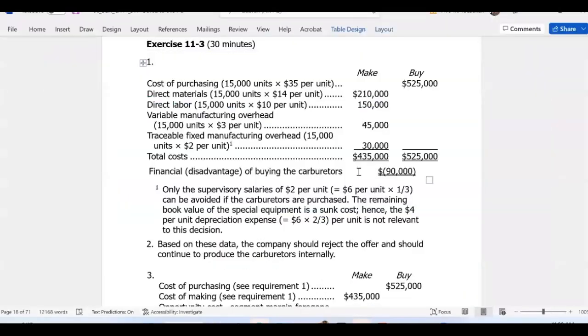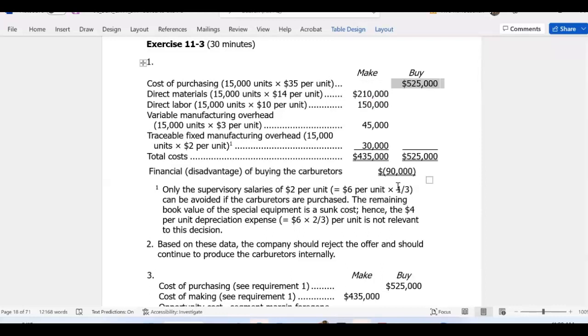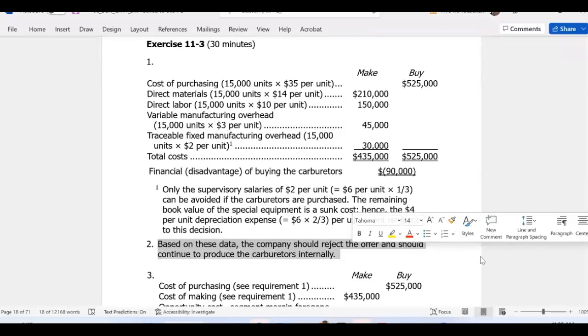So if you do that, the cost will be $435,000 compared to the purchase price of $525,000. That's $90,000 less, and definitely we like to make it inside instead of from outside. So based on the data, the company should reject the purchasing of this carburetor from outside.